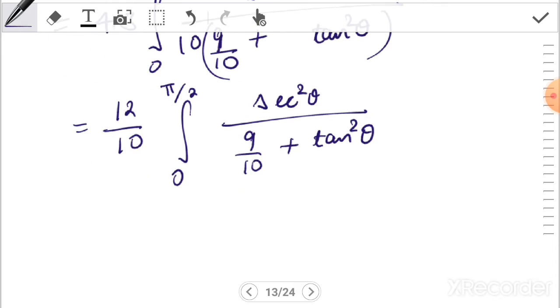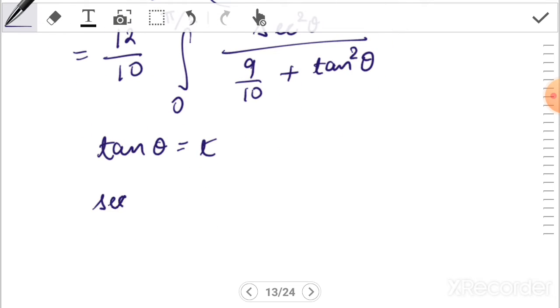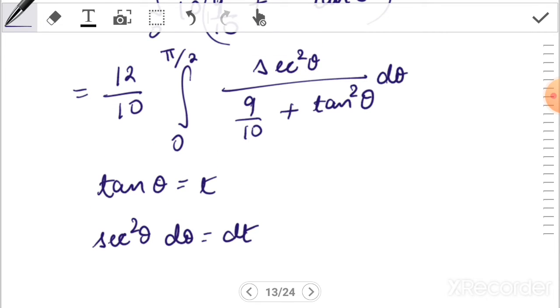So again, if we put tan theta as t, so sec square theta d theta will be equal to dt. And about the limits, theta is varying from 0 to pi by 2.